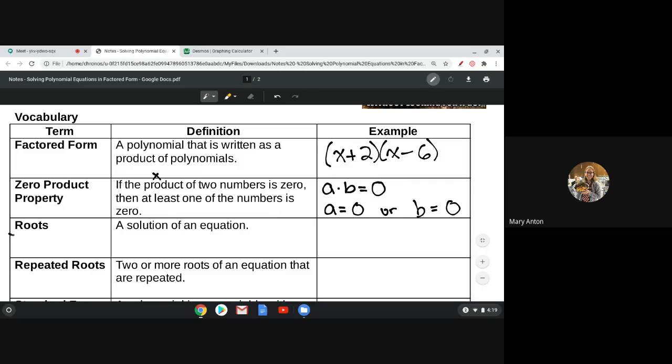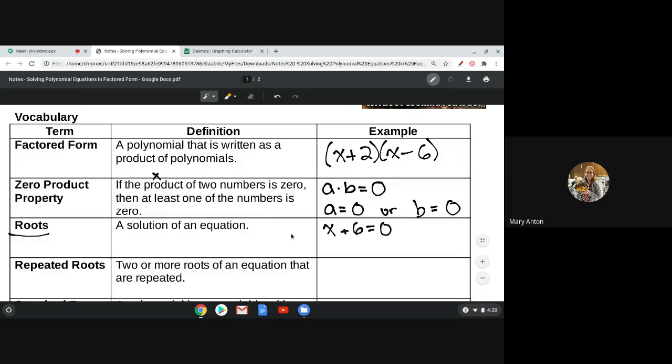And now roots is another new vocab word. And no, I'm not talking about growing things. We're not talking about plants. This is just a solution of an equation. So for example, if we have an equation, x plus 6 equals 0, a solution is whatever value x can be to make this statement true.